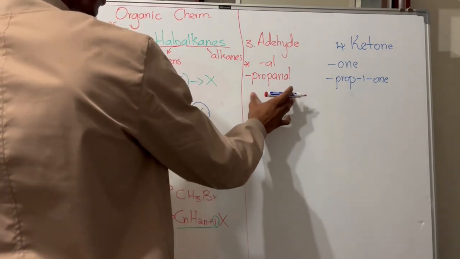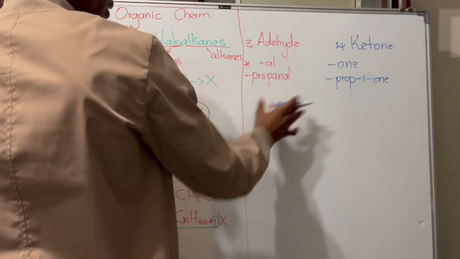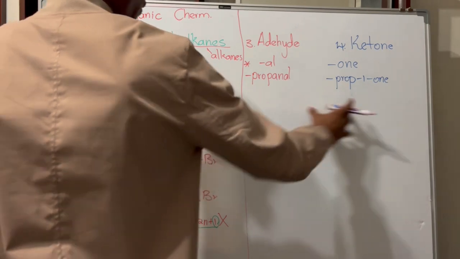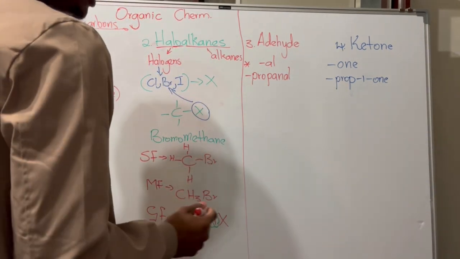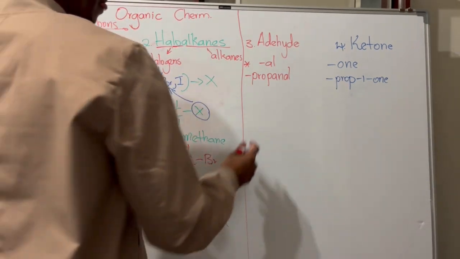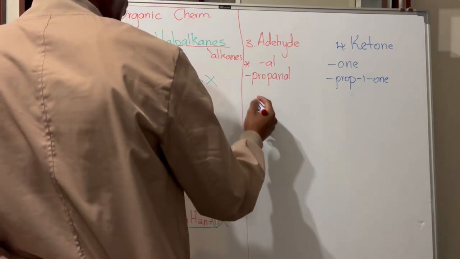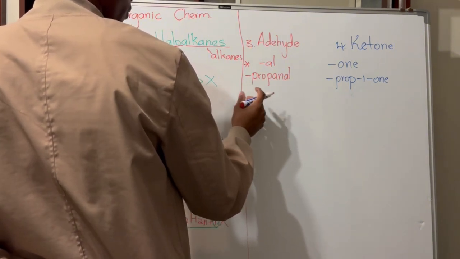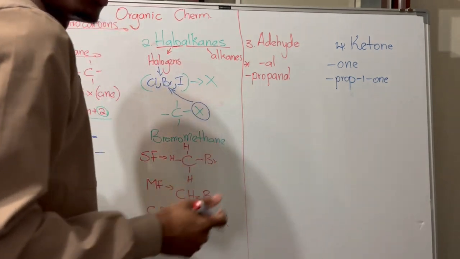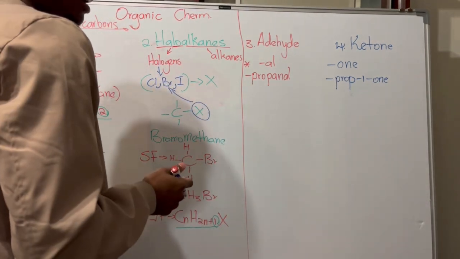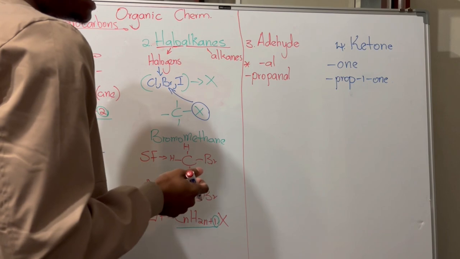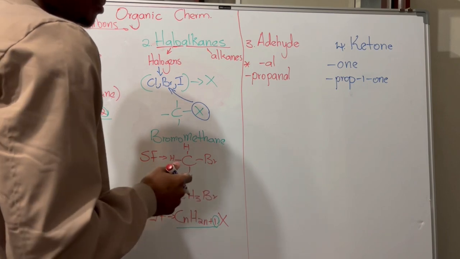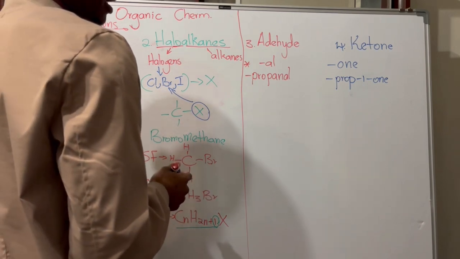Okay, so let's draw the structure of this one and the structure of that one so that it's going to be easy now to identify. So with propanal, it has first a functional group. Remember, we said a functional group is a group of atoms or an atom that defines the chemical and physical properties of an organic compound.